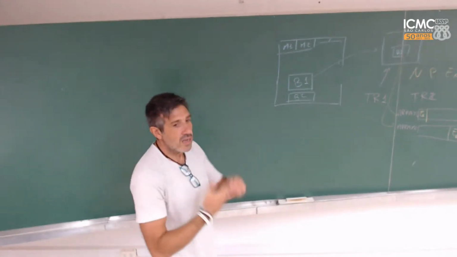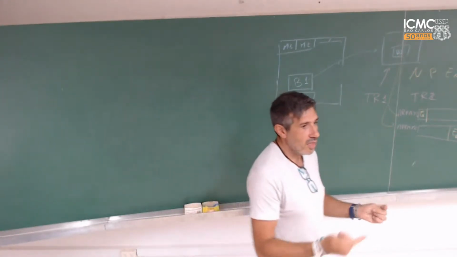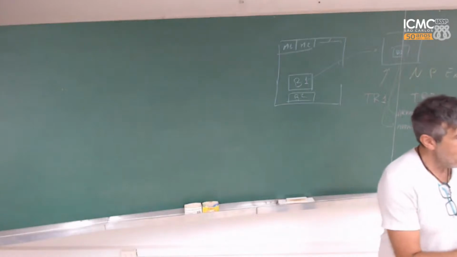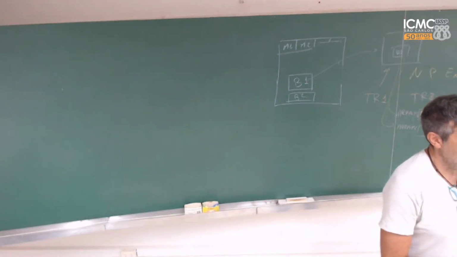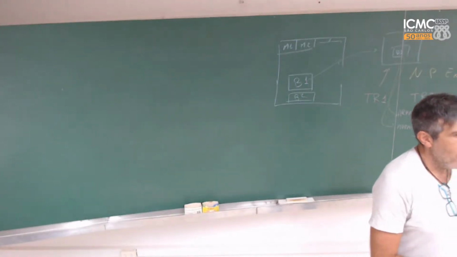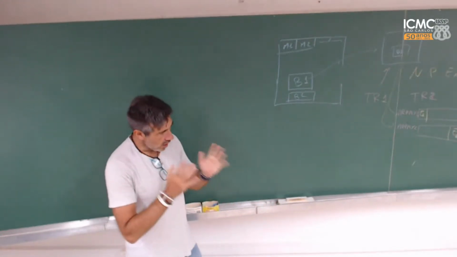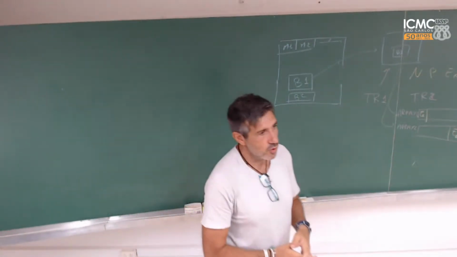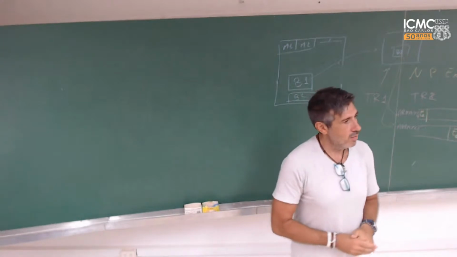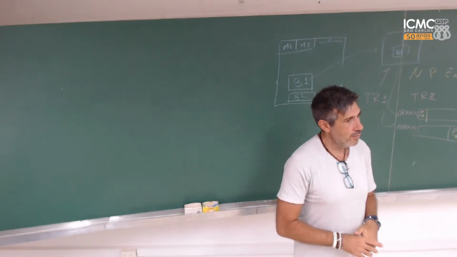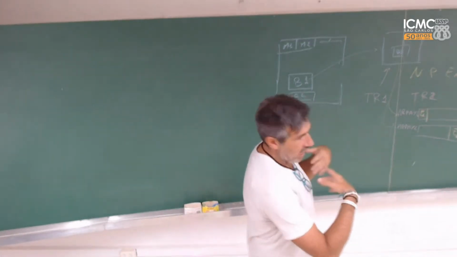So another parameter that is very important is the timing between the events. And some of the bugs that I found are strictly related to this parameter. Okay, I leave you the slides.